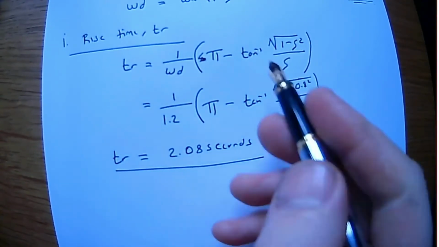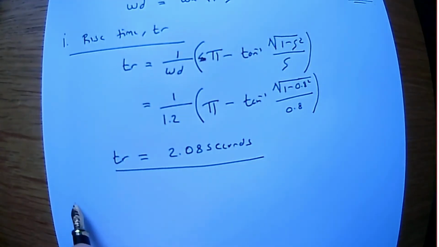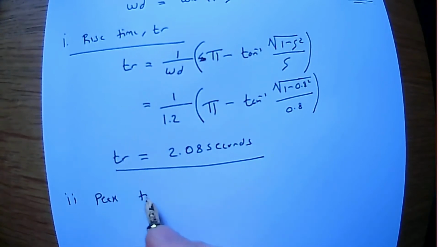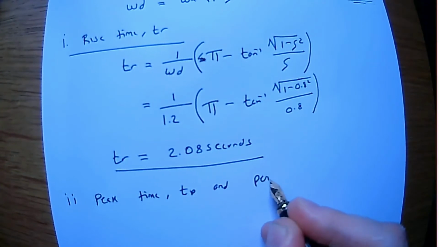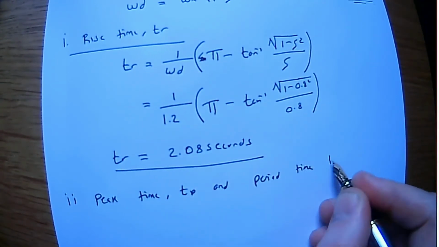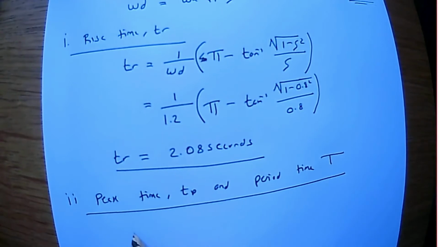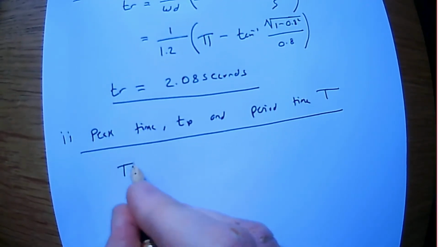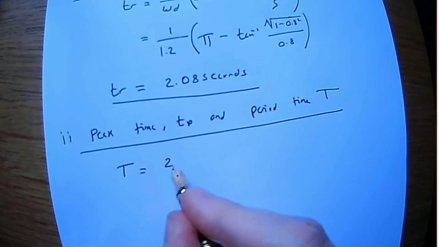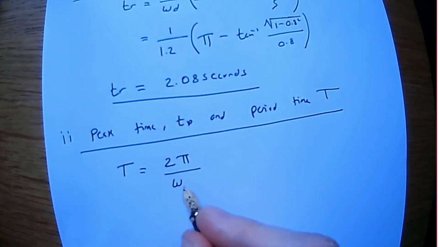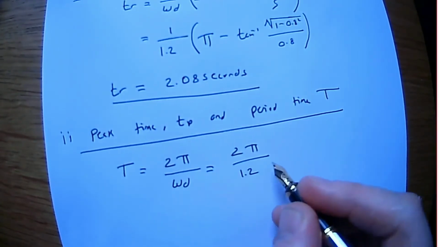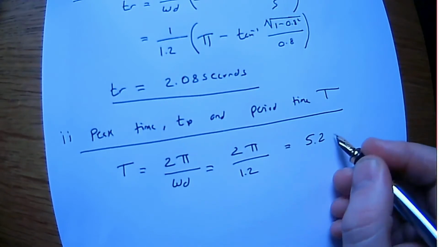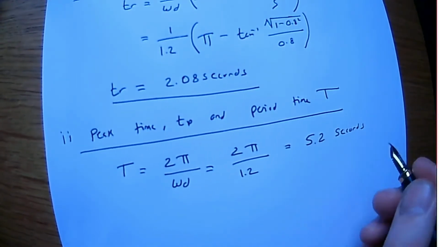At the end we will sketch these onto a graph, so they're visual. Now we're going to look at peak time, TP, and period time, T. The period time is equal to 2 pi over the damped frequency, which is 1.2, so this is 5.2 seconds if you put that into your calculator.